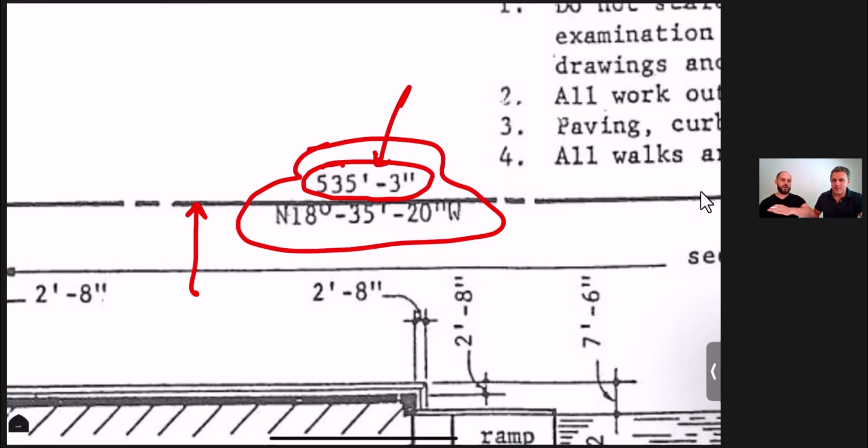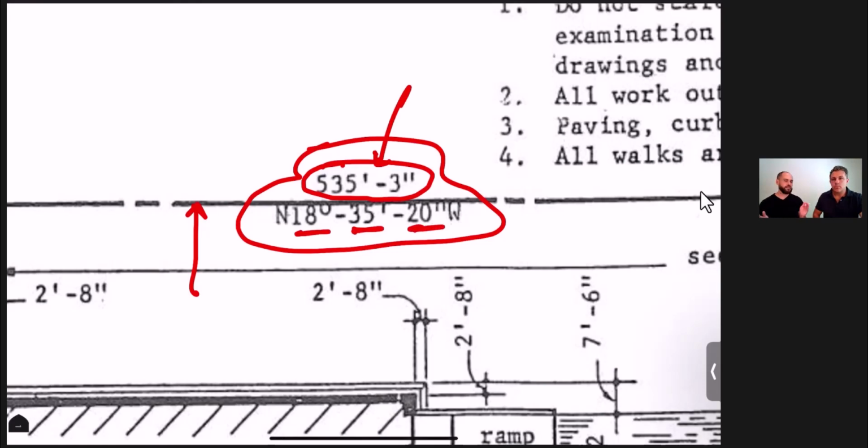Okay, so this is the bearing of that line. Basically, what it tells you is how far off from north or east or west that line is. So it tells you the angle of it relative to a map. The other thing to know here is that this is degrees, minutes, and seconds. That's how they break that down.